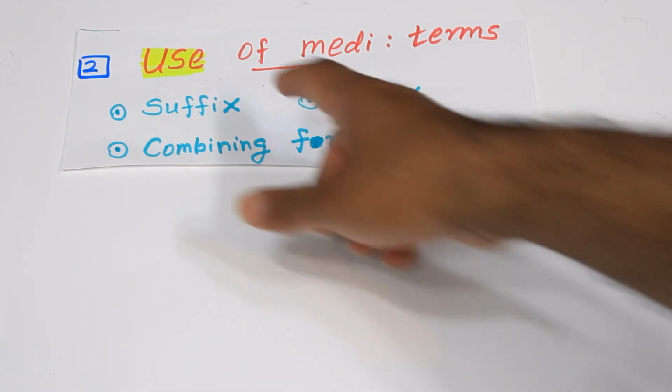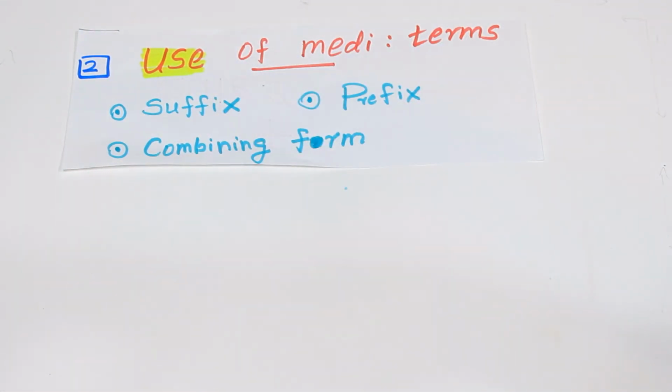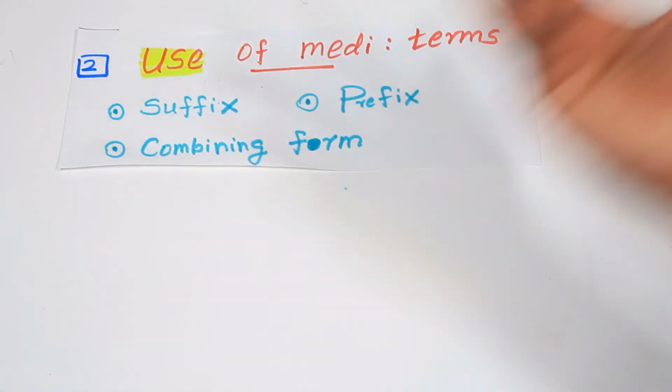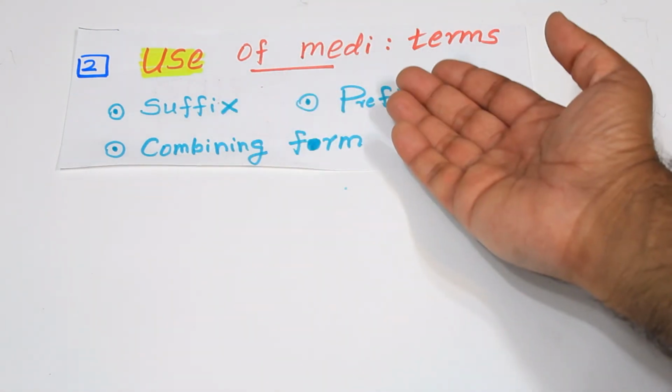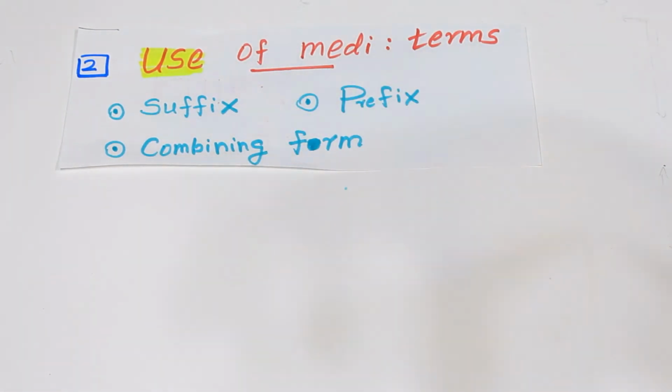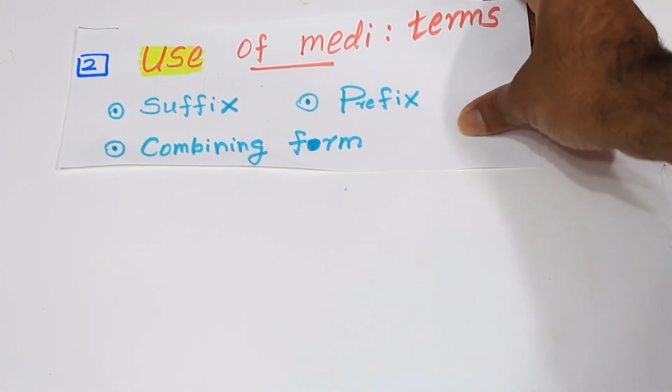The last section covers how we use the medical terms that we have created as a suffix, prefix or combining form. Now we know what suffix, prefix and combining form are, and how to join them together. Now we can create, and we can know how those created medical terms are applied in the medical field. That's all about section 2.